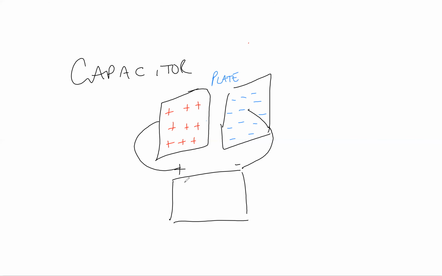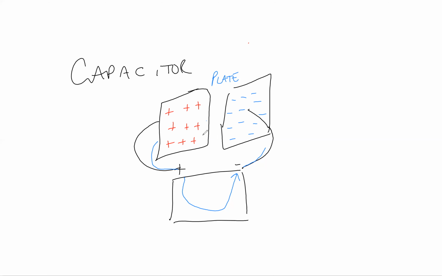But when you hook it to a battery, it allows the electrons to flow out and through the battery and this side, and it's going to end up coming onto this plate, so that this plate becomes negatively charged because it gains a bunch of electrons, and this plate is going to become positively charged because it loses a lot of electrons. Okay, so the capacitor then has equal but opposite charges, right?